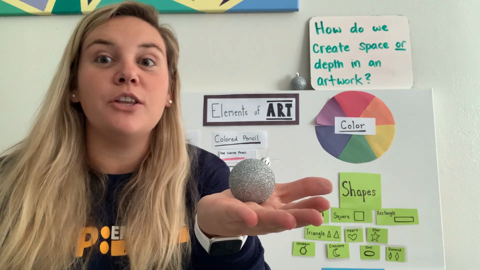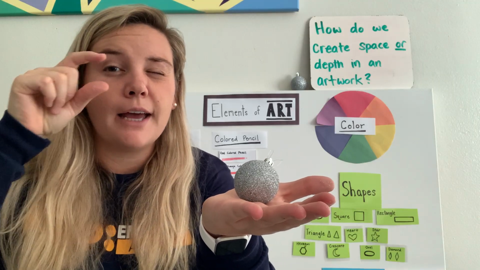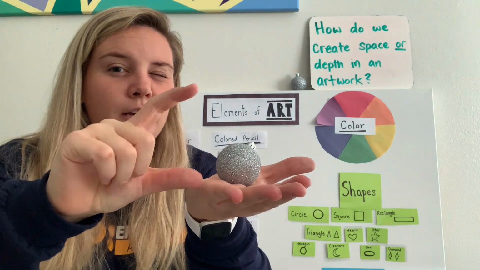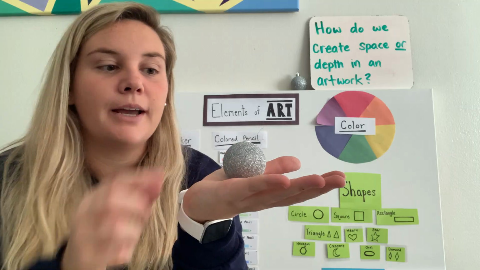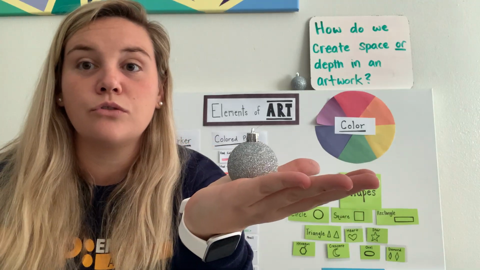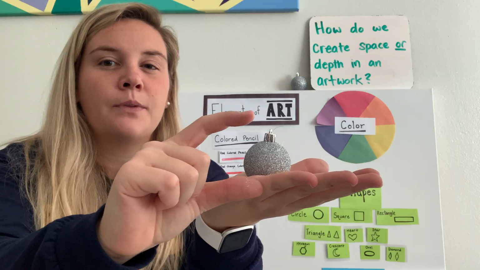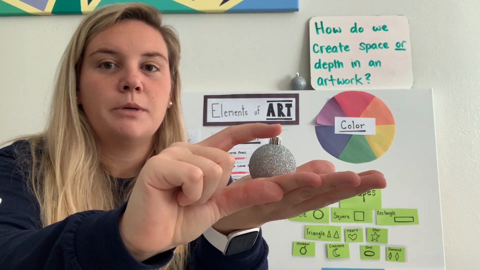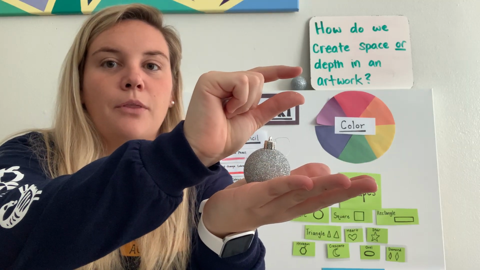What we're going to do, and you can do this with anything in your house, is we are going to close one eye and use our thumb and our pointer finger to measure how big each object is. So in our frame, I have one ornament really close and one that's far away, and we're going to measure them. So let's see, if I measure, this ornament is about this big, and the ornament in the back is about that big.